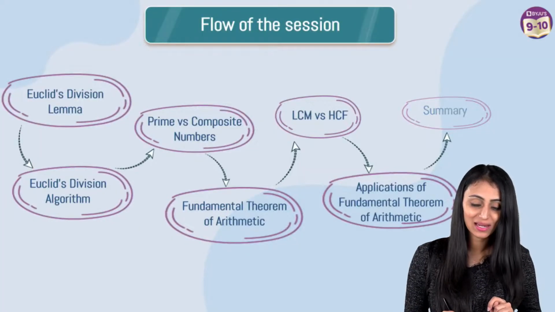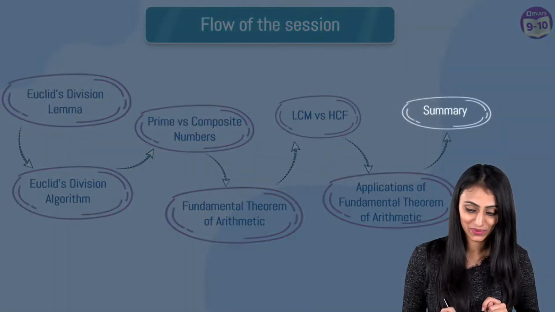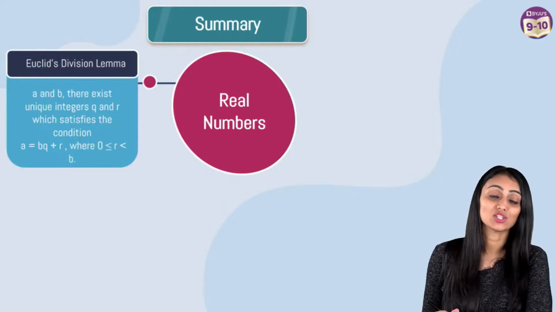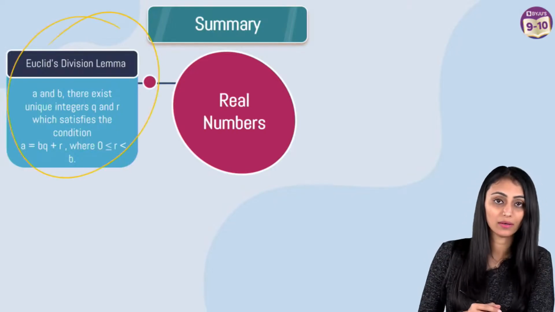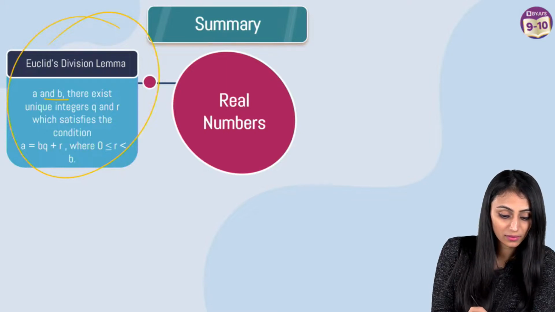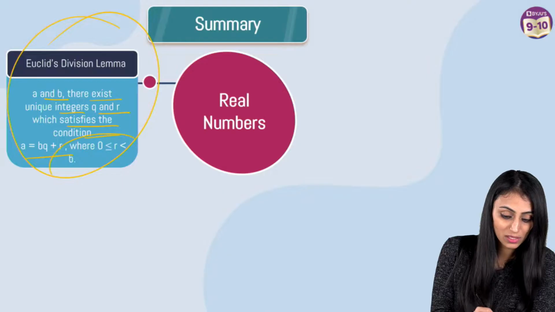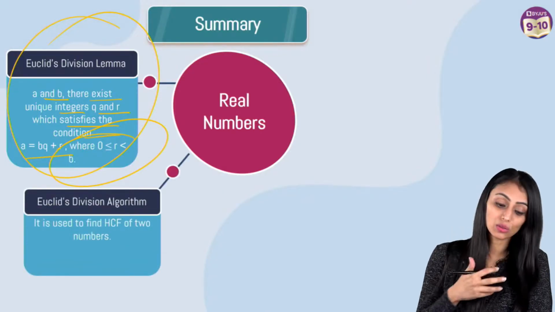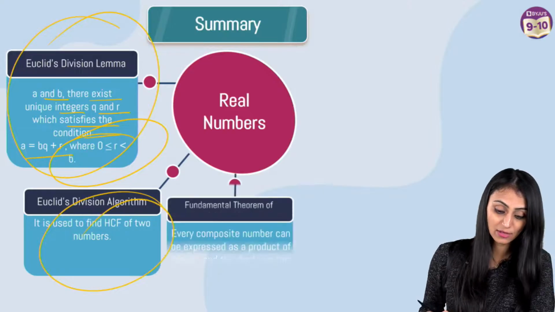All right, let's quickly summarize what we have learned. First, we started off our session by talking about Euclid's division lemma, which is a proven statement. So we learned that for A and B there exist unique numbers Q and R which satisfy the condition A equal to BQ plus R, and this restriction is important here. Then we talked about Euclid's division algorithm, which is used to find the HCF of two numbers.